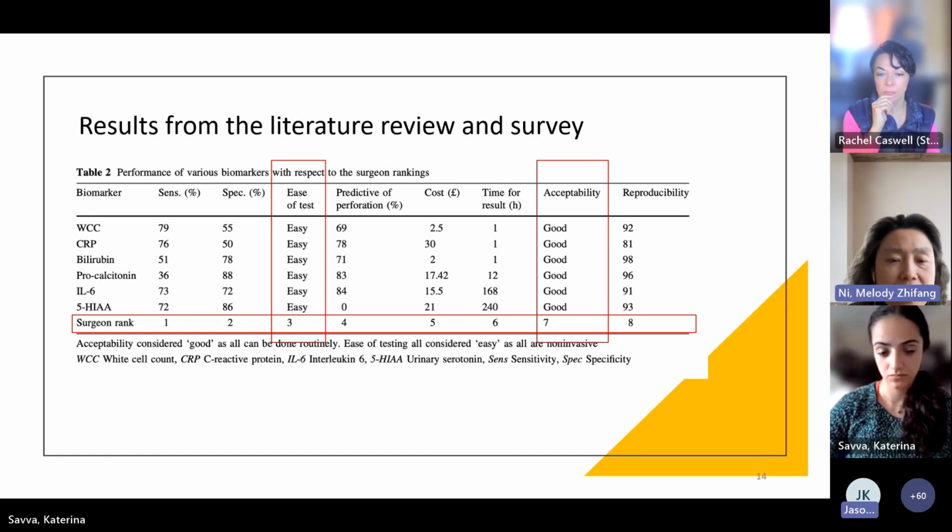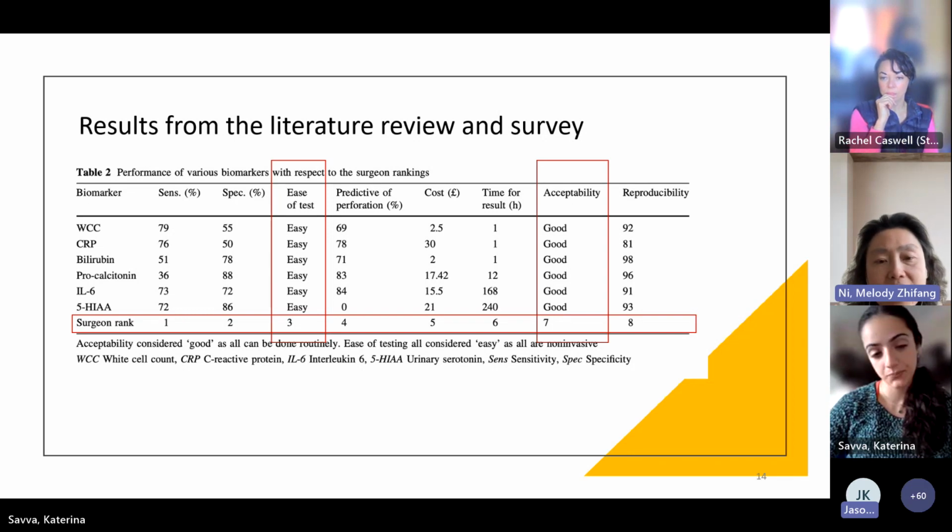For instance, in the first row, white blood cell count, sensitivity for diagnosing acute appendicitis is 79%, specificity is quite low, 55%, but there are also other attributes that people believe are important.